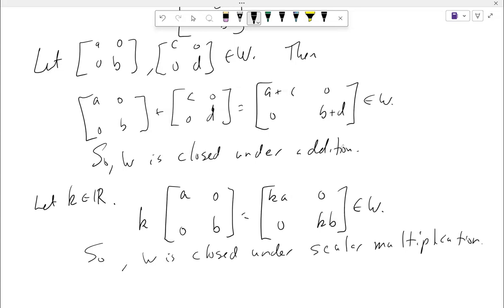So W is closed under scalar multiplication. We've shown that it's closed under addition. We've shown that it's closed under scalar multiplication. Since V is a vector space, we get all the other ones for free. We're done. That's all we have to do. So this tells us that W is a subspace.